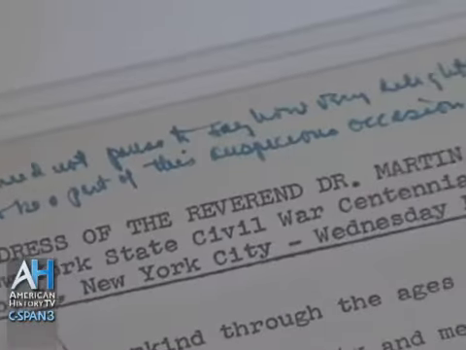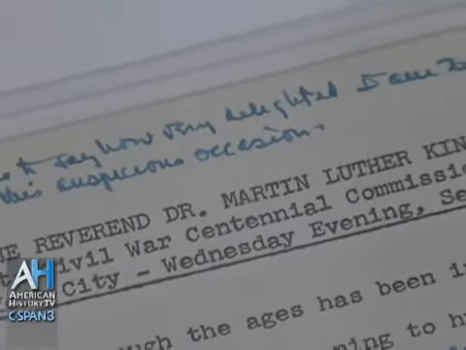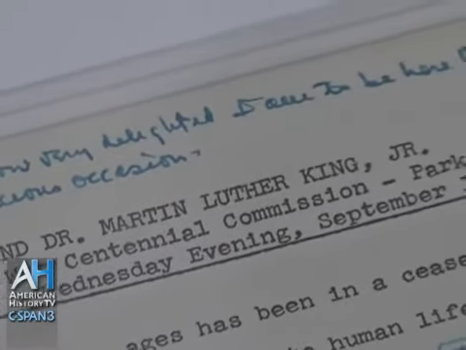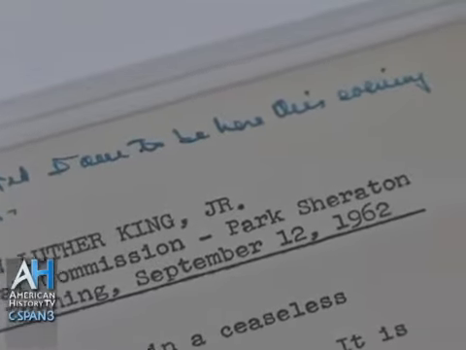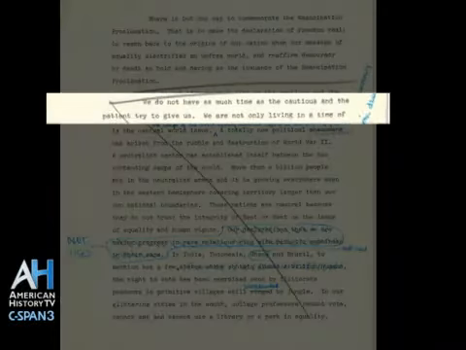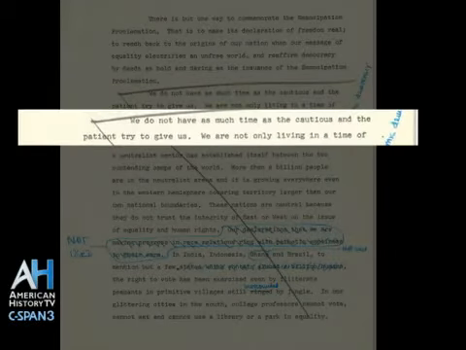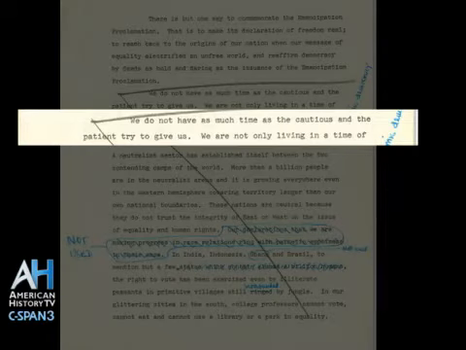One of my favorite lines is, and actually it's not clear if he actually used this when he delivered the speech, but it is present in the draft. There's a line that reads something like, "We do not have as much time as the patient and cautious would give us." And I like that line because it captures the urgency of the moment and is in such contrast with the rest of the exhibit, right?